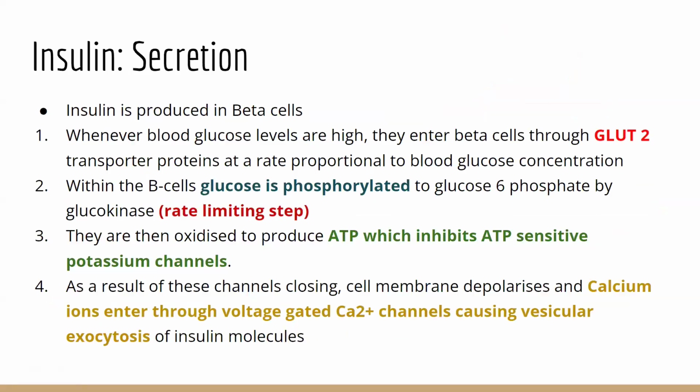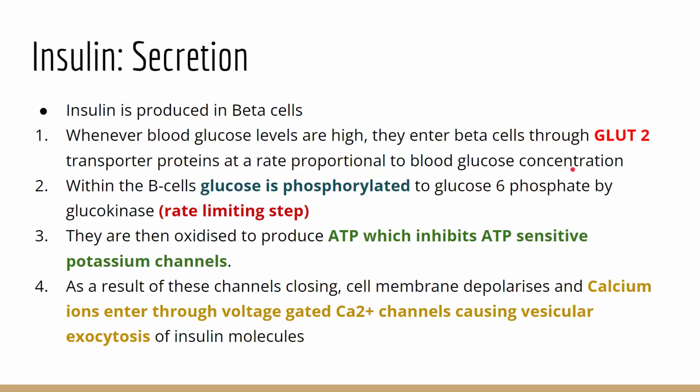Insulin secretion. First of all, we mentioned insulin is produced in the beta cells, whenever the blood glucose levels are high. We usually use the term hyperglycemia for pathology, for example, diabetes, but whenever blood glucose levels are high, for example after a meal, this blood glucose will enter beta cells in the pancreas through GLUT2 transporter proteins at a rate proportional to blood glucose concentration.